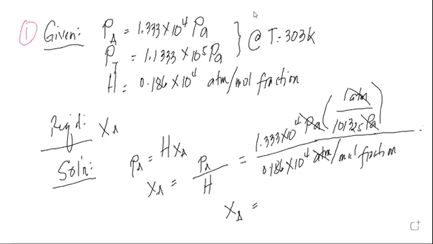Nonetheless, class, the answer would be 7.07 times 10 raised to negative 5 for XA. A very simple illustration of how we can use Henry's law in determining the mole fraction of CO2 in the water phase or in the liquid phase.